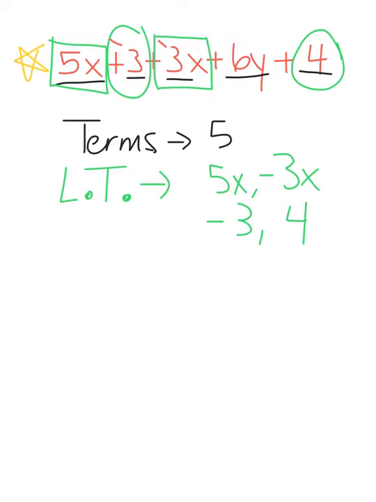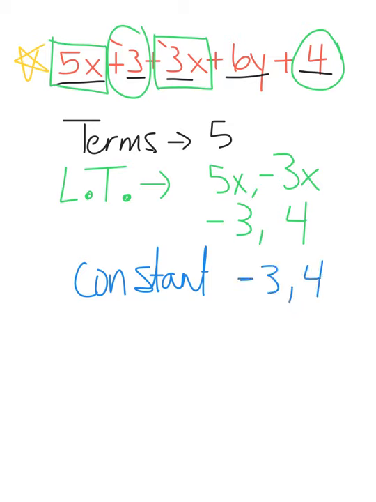Let's go ahead and talk about, since I just said it, those constants. Our constants have no letters. So my constants here are my negative 3 and my positive 4. These have no letters. And last but not least, we can talk about what our coefficients are.